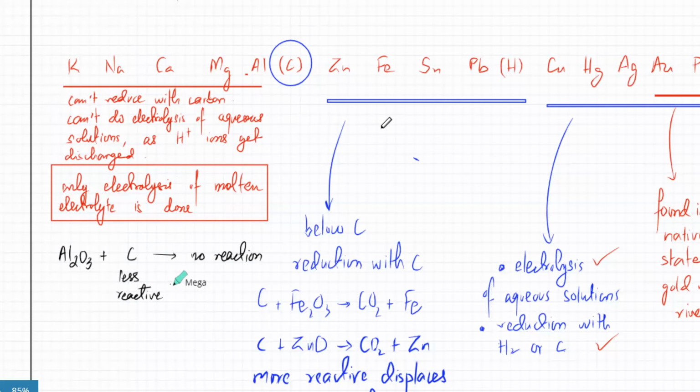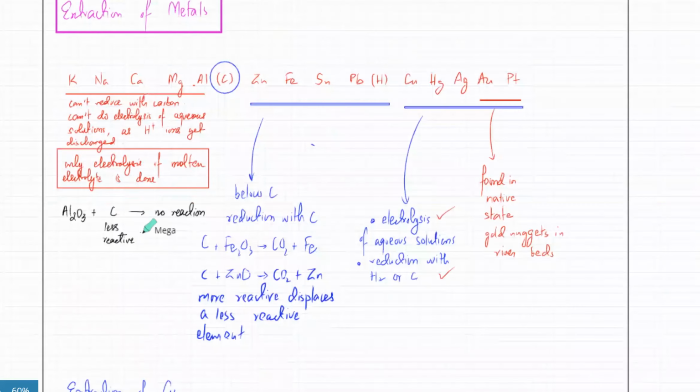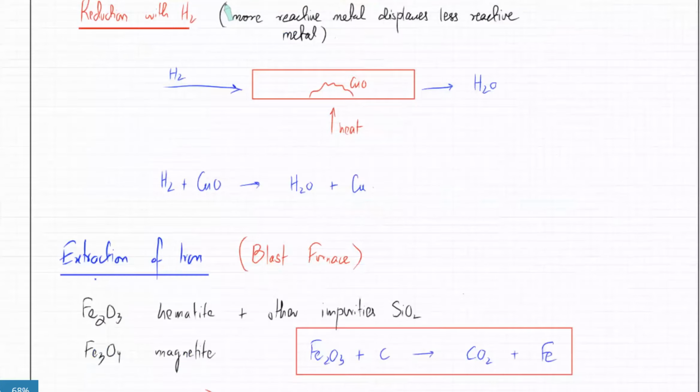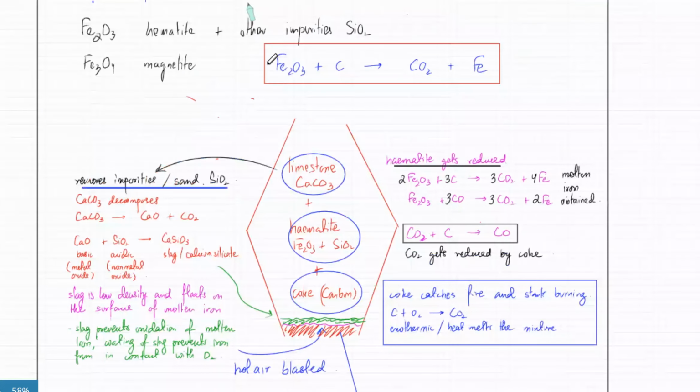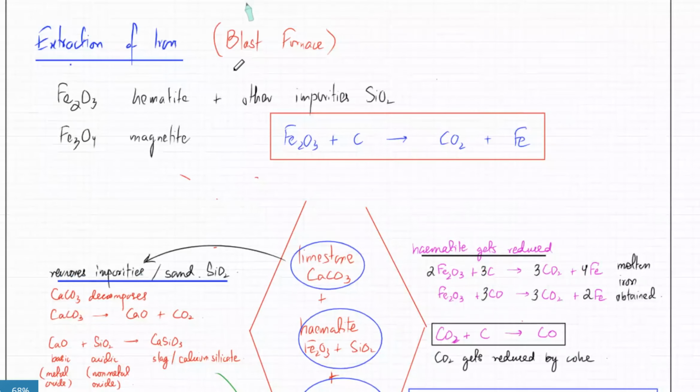So we were discussing aluminium in detail, and we had discussed extraction of iron. In extraction of iron, we discussed that in detail. You have to remember that hematite is used as an ore, and there are impurities like sand, rocks, etc. Magnetite is an ore.